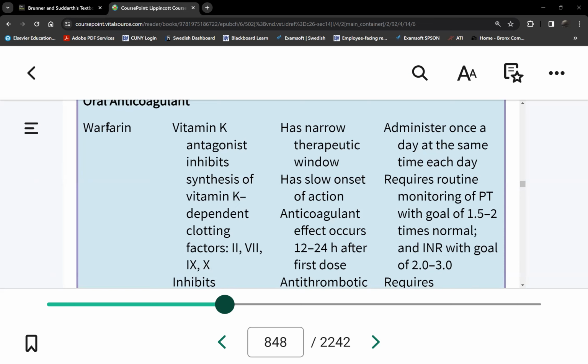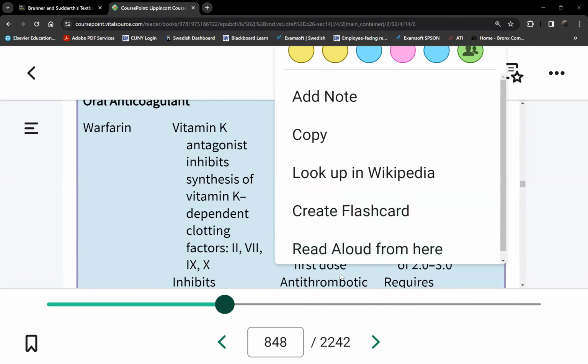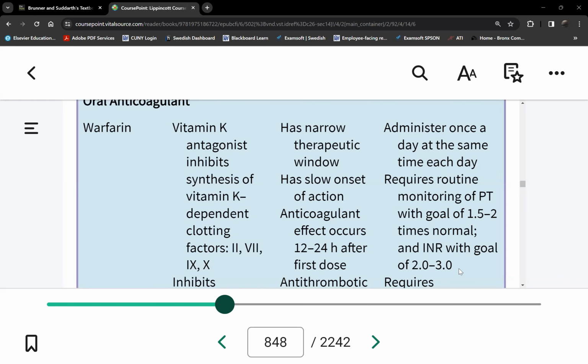Until we reach the target goal of whatever the doctor sets, typically if it's a DVT, the goal is 1.5 to 2. But if it's a PE, doctors typically want it between 2 and 3. If the patient has more than 1 episode of a PE, the target is even higher. It's going to be 3.5.